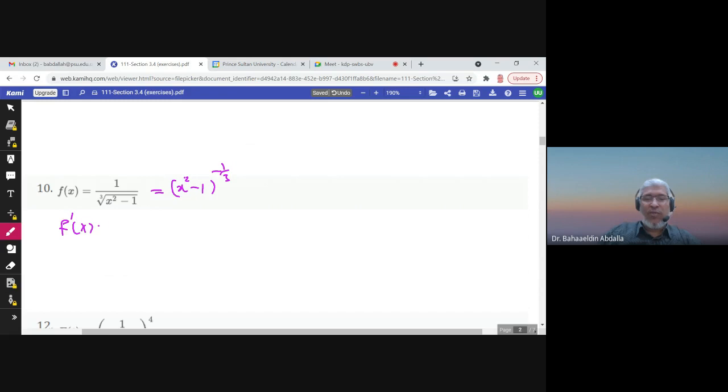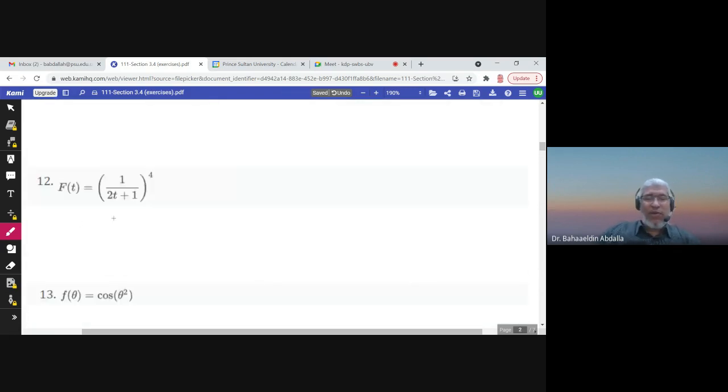So f prime of x would be the derivative of the outer function, negative 1 over 3, x squared minus 1 to the power negative 1 over 3 minus 1, or negative 4 over 3, times the derivative of the inner function, which is 2x. So the final answer would be negative 2x over 3, and x squared minus 1, I bring it down with a positive power.